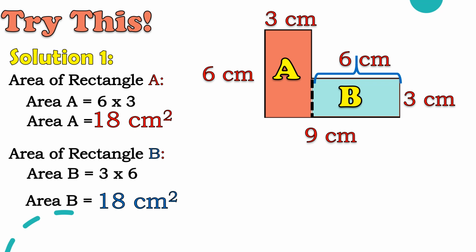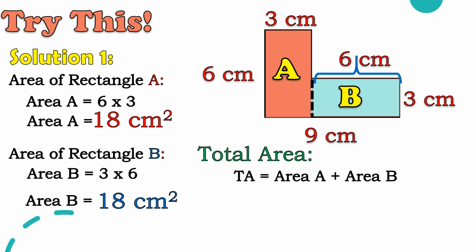Now, nakuha na natin ang area ng rectangle A at ng rectangle B. So, kukunin na natin or hahanapin na natin ang total area or kabuuang area ng figure. So, paano? Simple lang, we are just going to add the area of rectangle A at ng area ng rectangle B. So, here it is.